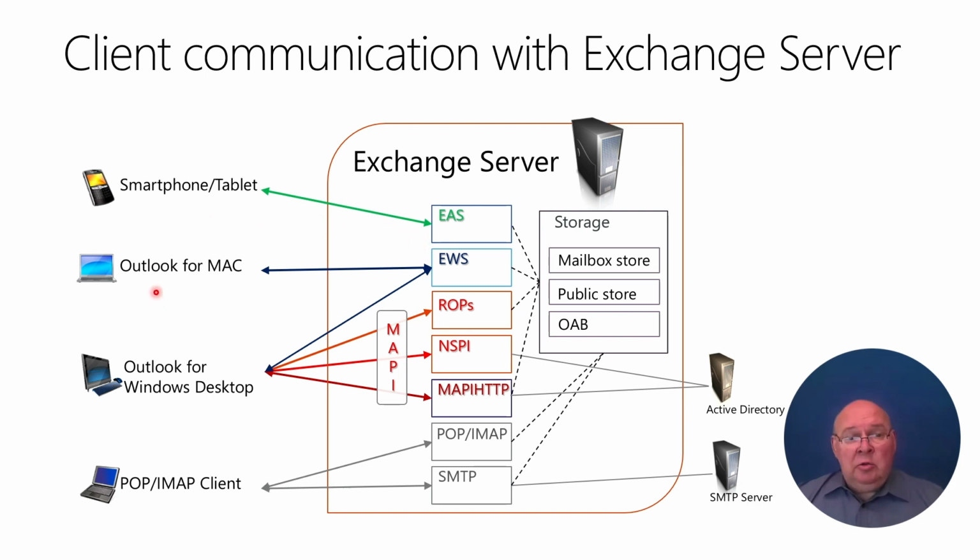Outlook for Mac is using EWS, Exchange Web Services. Outlook for Windows Desktop is using MAPI, but it's also using EWS for certain features. We can also have POP or IMAP client that use standards implementation on Exchange server.